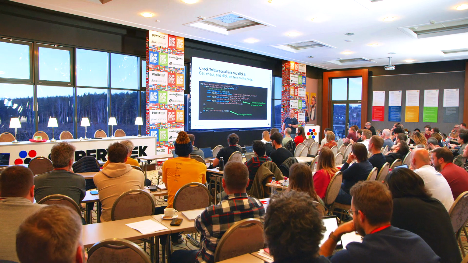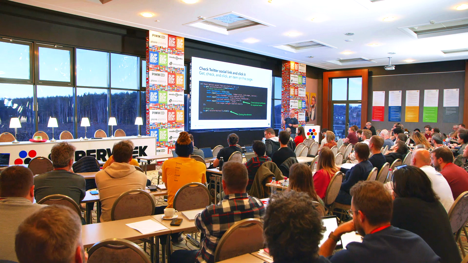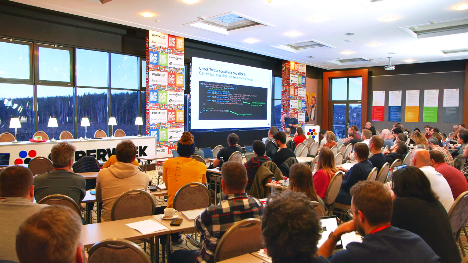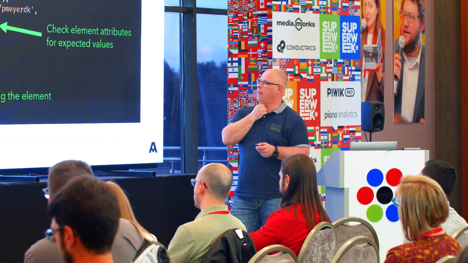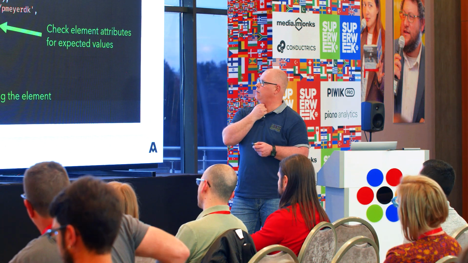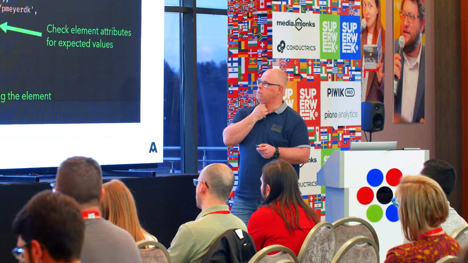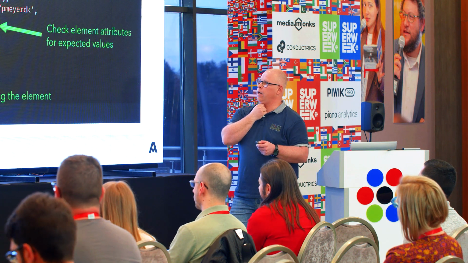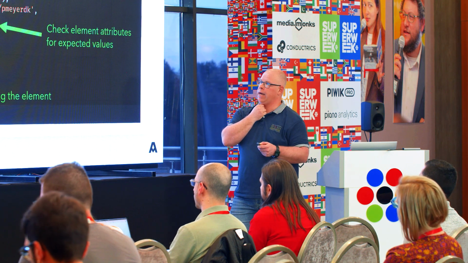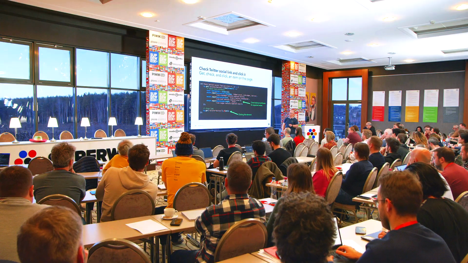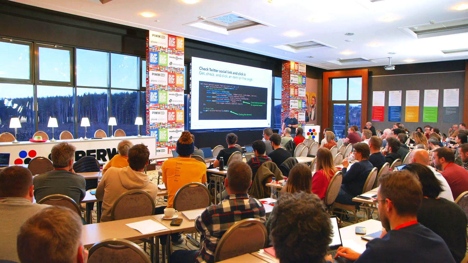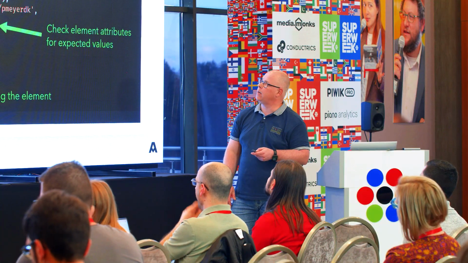And then the last thing, just to be a little bit specific, I want to make sure that the target attribute is blank, meaning that it shows in a new tab on your window. And then the return text again. So when I know all of this is there, then I know it's the correct link, and then I click it. In this case, that's the test for this part.